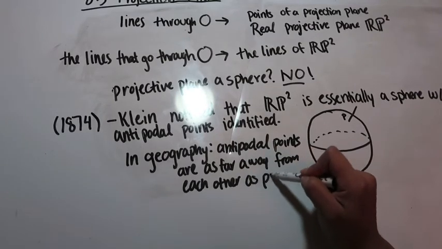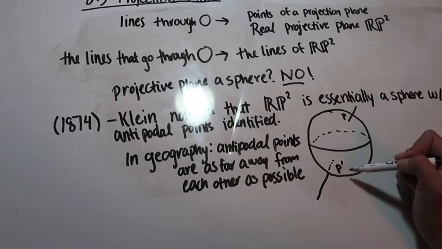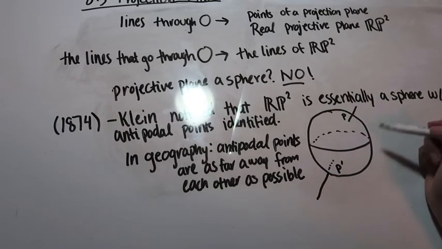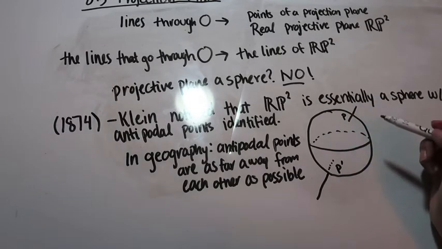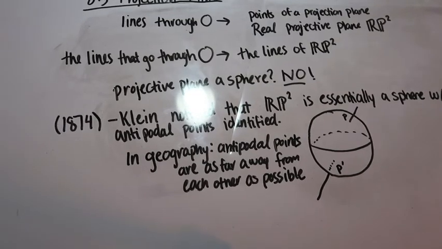So that's another way to look at it. So we have a point here, so they're as far away as they can be. Okay, so I'm going to erase this part now.